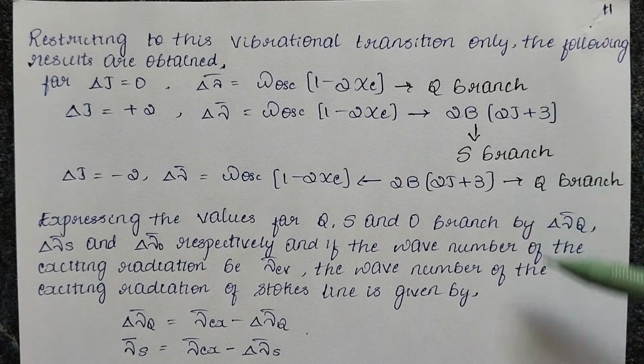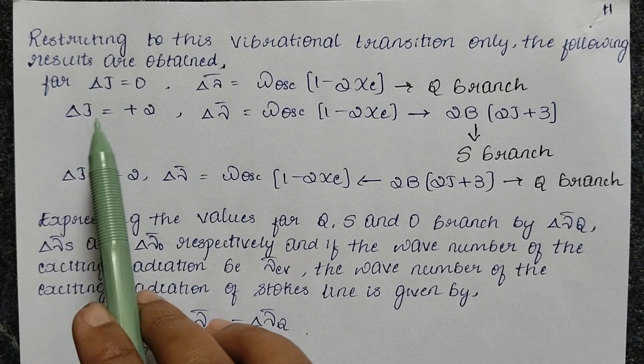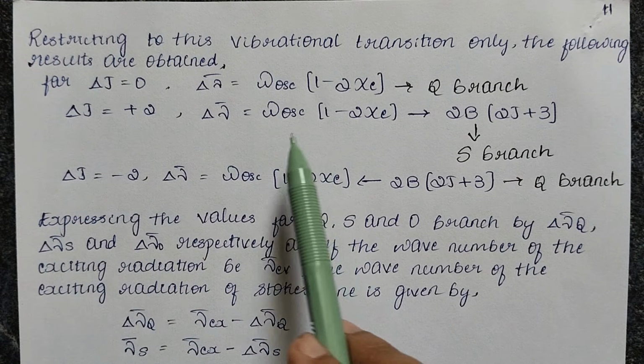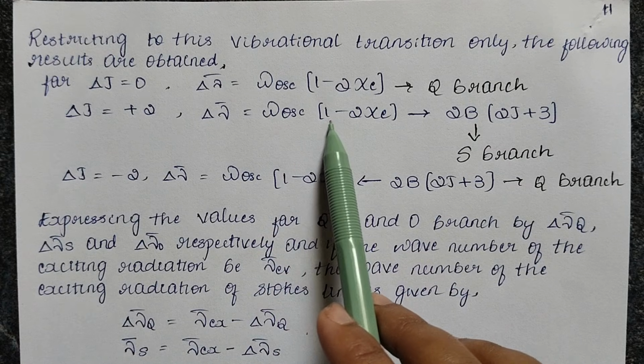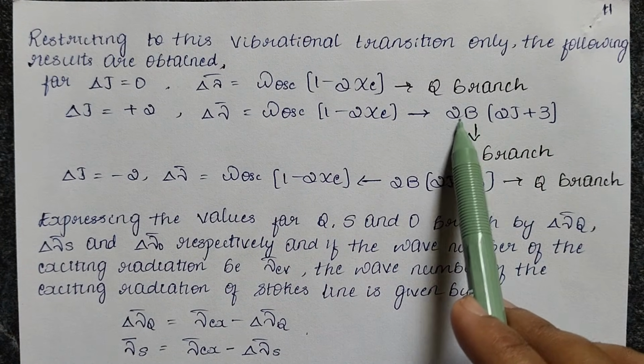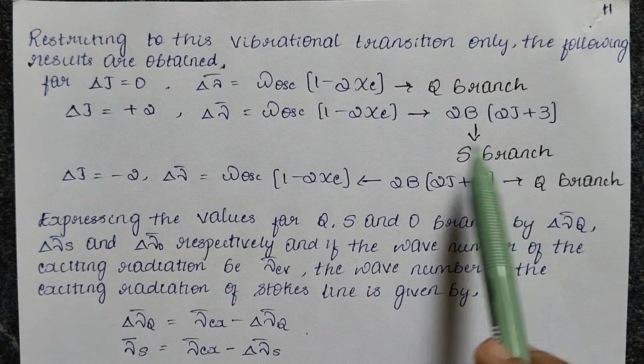Just know these names; their detailed explanation we can see in further sessions when we go deep into spectroscopic knowledge. If delta J is plus 2, then delta mu bar will give omega oscillation into 1 minus 2xe, which leads to a branch with 2B into 2J plus 3, called the S branch.